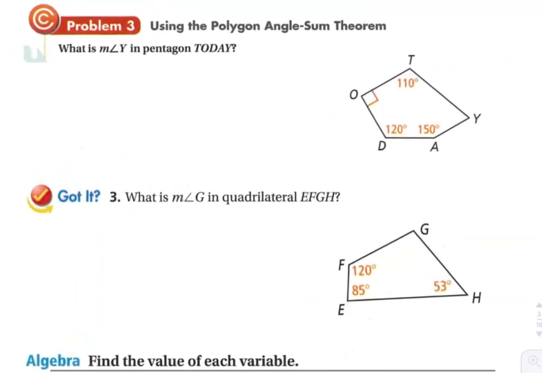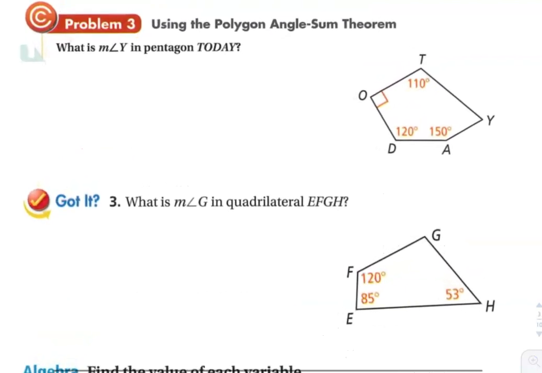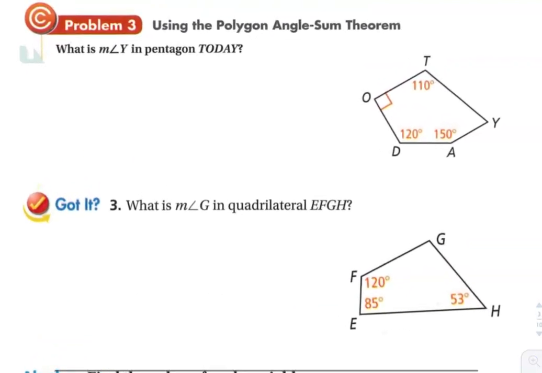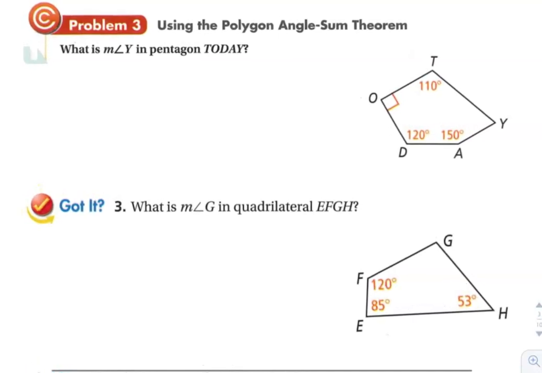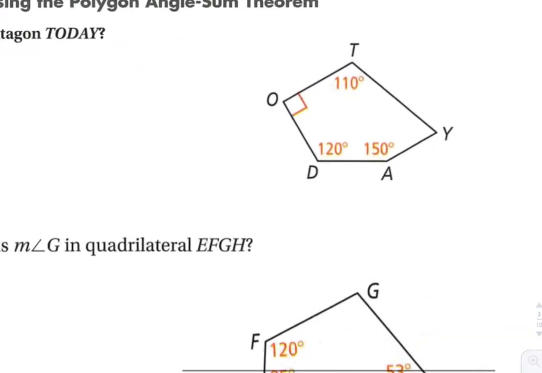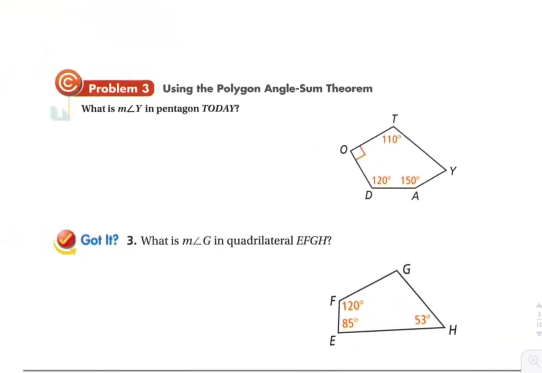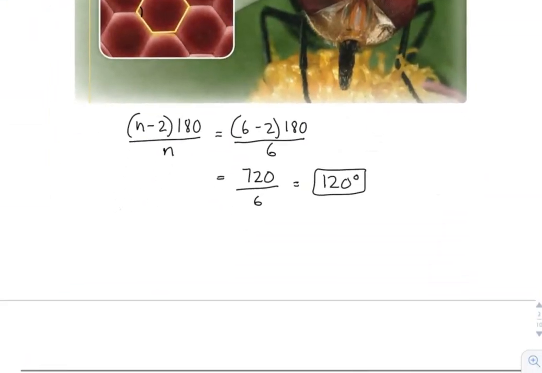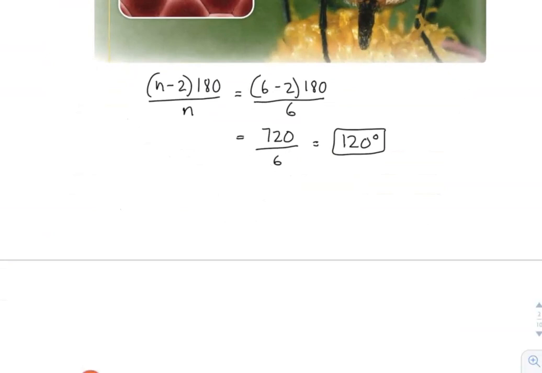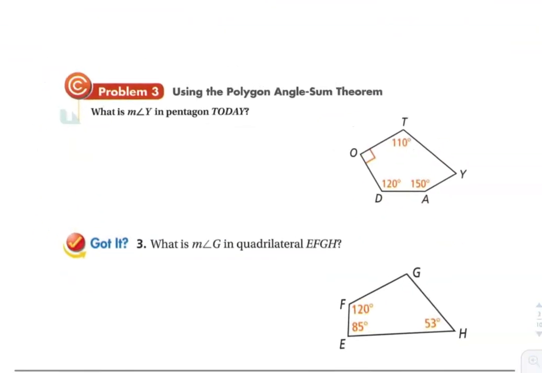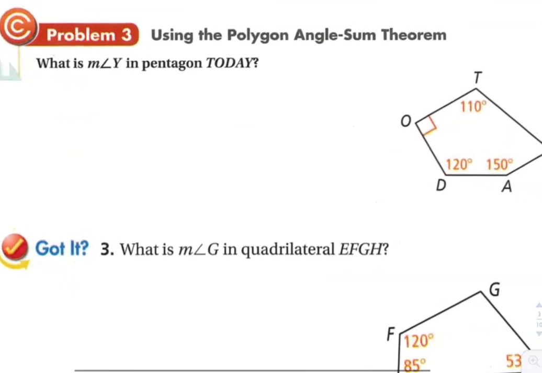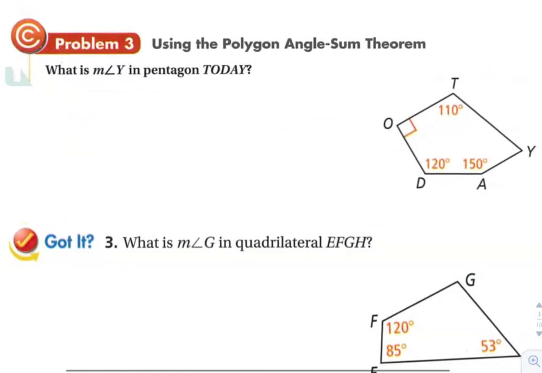All right, let's see this one. What is the measure of angle Y in the pentagon? Recognize here, this is clearly not a regular pentagon. You have different angle measures, so we're not going to be using this formula here, but we will want to use the first formula that I showed you guys about finding the sum of the interior angles.